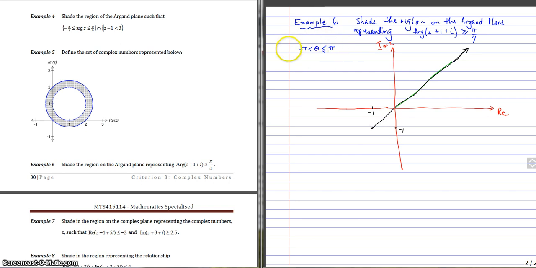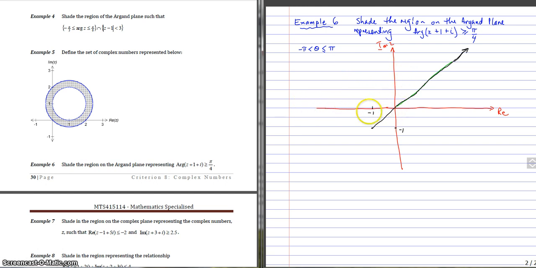This is where we need to consider our range of values. Okay, normally if it was just the principal argument of z being greater than or equal to pi on 4, then we would need to go on this side of our angle, but we'd come to a stop here at this point here, because that's where pi units is.